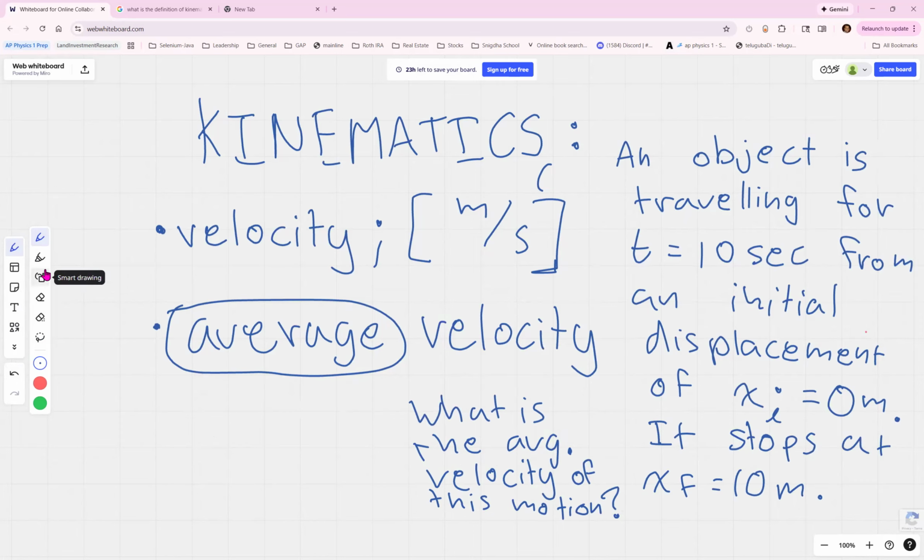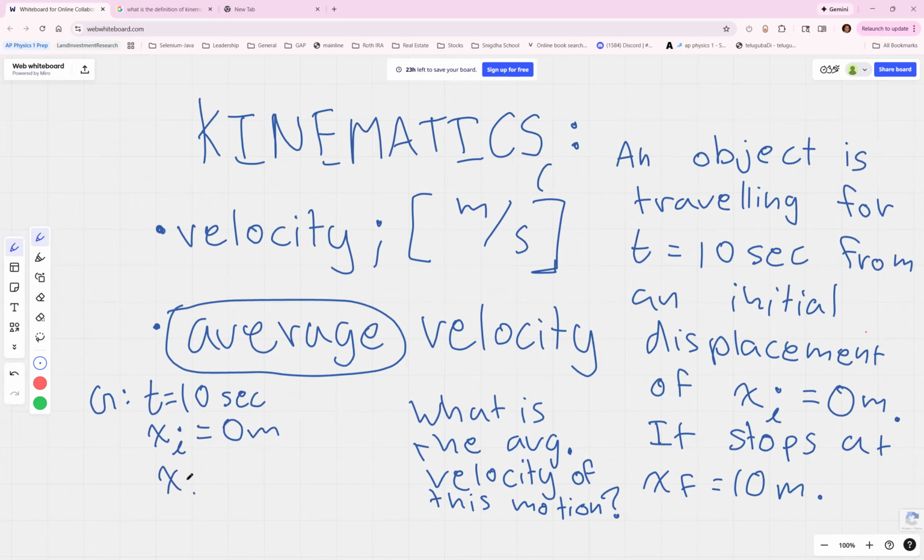Okay, so now we're going to use a method called the GUESS method. The GUESS method stands for G is your givens. So in this situation, you know that t is equal to 10 seconds, right? And then your x initial, so that's where the object started, is equal to 0 meters.